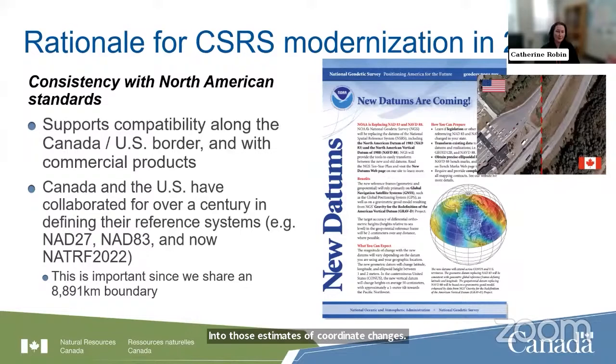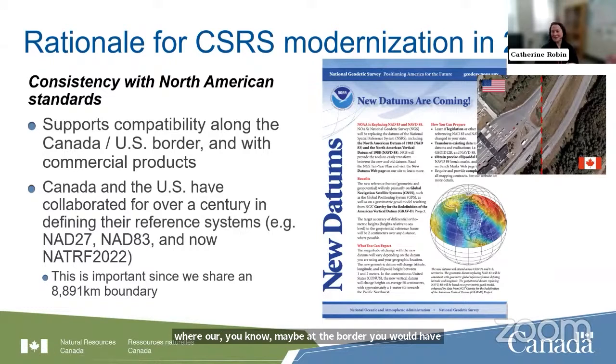So this is sort of a summary, but overall, another rationale for us is to really stay consistent with North American standards. So we've been on the same geometric system with the US for 100 years, and we want to continue to be compatible at the Canada-US border. Here we're showing a sort of exaggerated situation where at the border you would have different offsets.